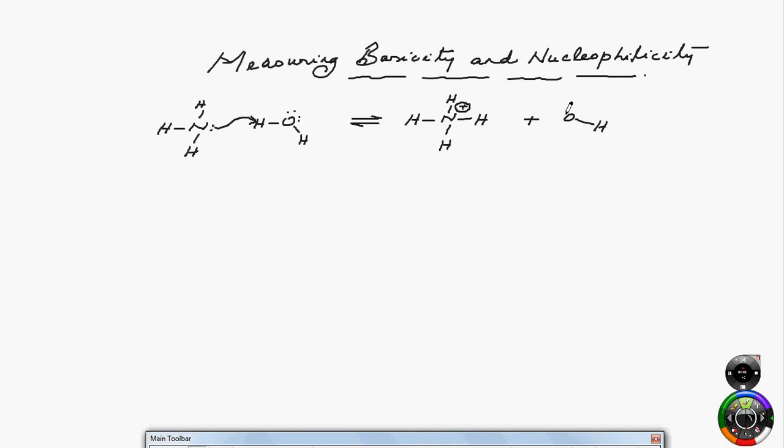How many pairs of electrons on oxygen now? Exactly, 3 pairs of electrons, so it carries a negative charge.